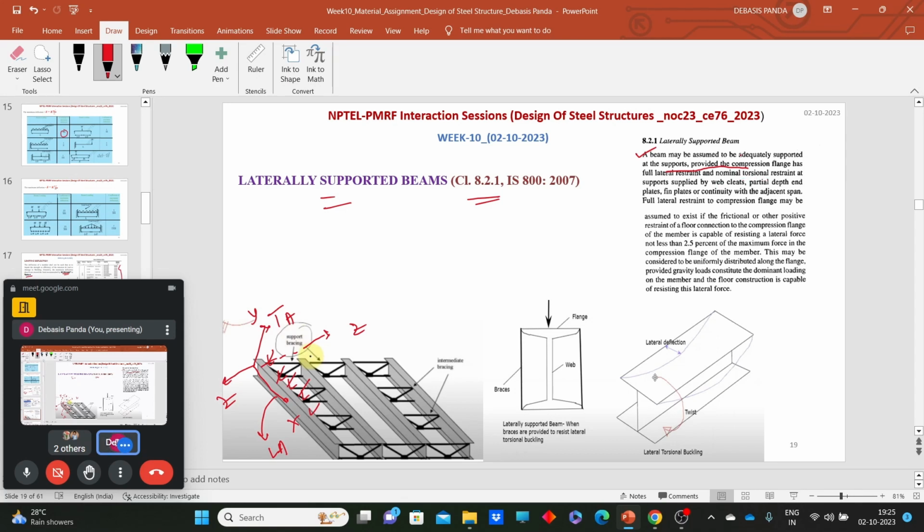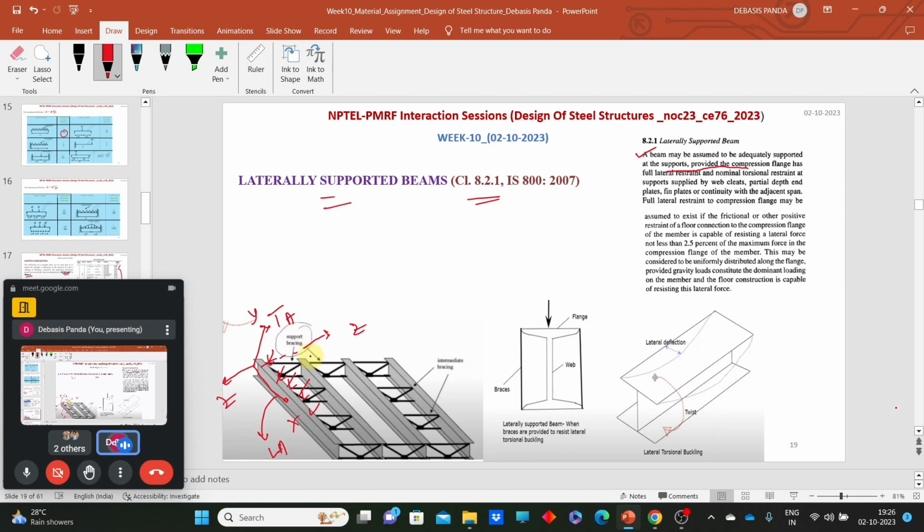That means this clause dictates how you can support the beam, or when you can say one beam is laterally supported or not. Simply, supports are provided in the lateral direction, which indirectly means the lateral torsional buckling will be minimized.